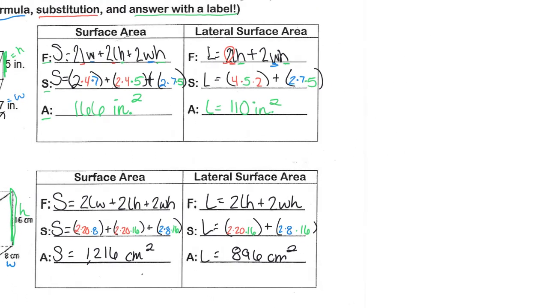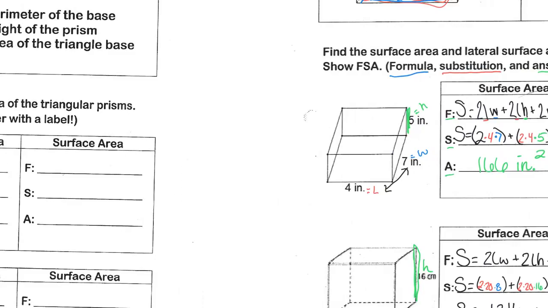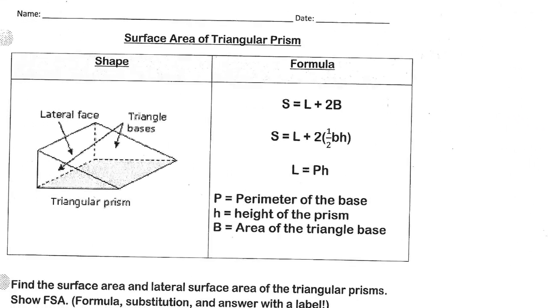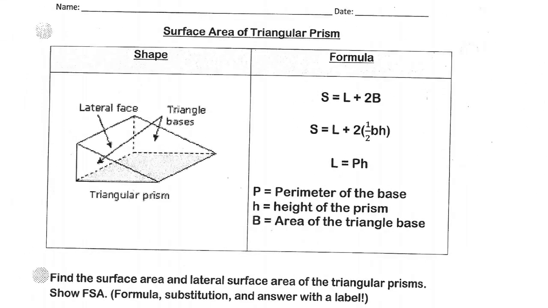Okay, so let's flip this over and go to the surface area of the triangular prism. All right, so we know the difference between surface area and lateral area. We know S was surface area, and we know that L is lateral area because we talked about that in the last shape.